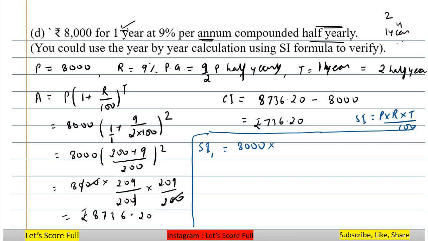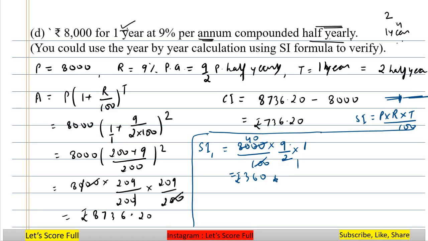So principal is 8,000. Rate will be 9 by 2 and time is half year divided by 100. So there are 2 half years, 6 months and 6 months. So we will do for first period and then second period. 2 zeros cancel. 1 by 2, then 4 twos. So it is 9 4s are 36, 360 rupees. We need to write rupees in front.